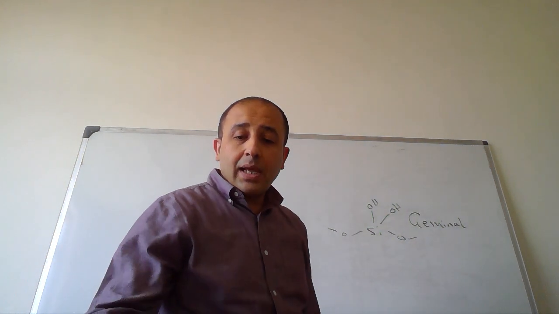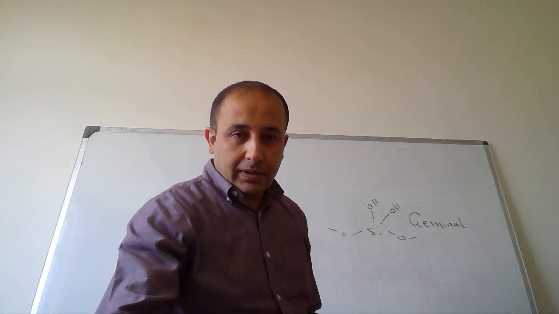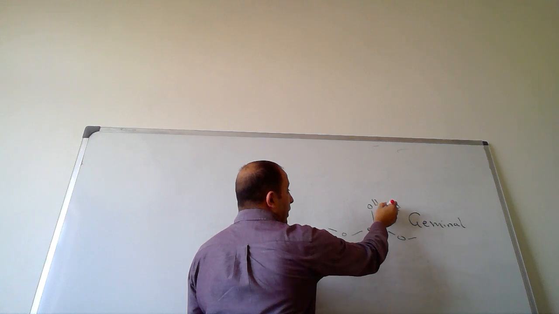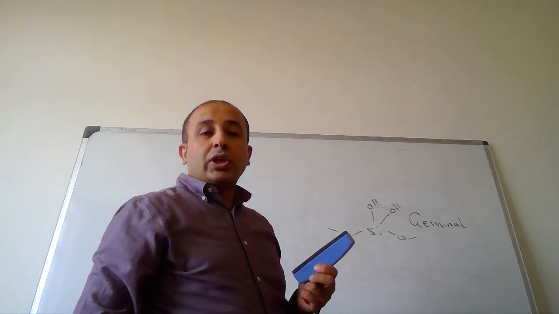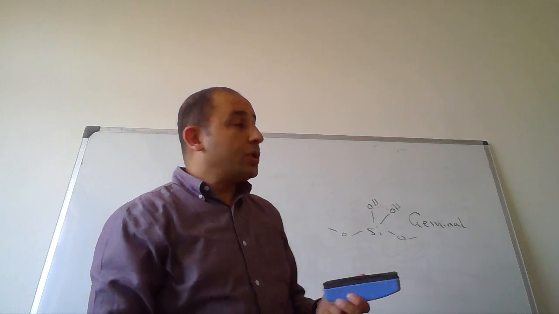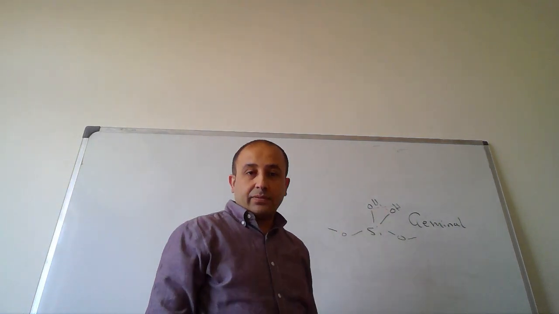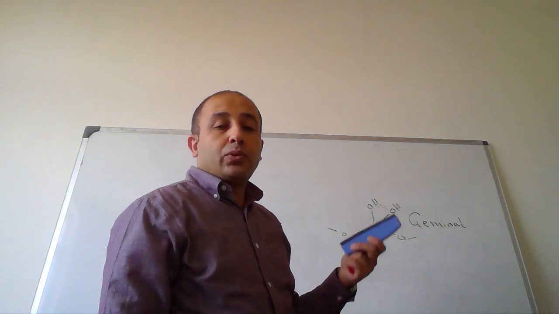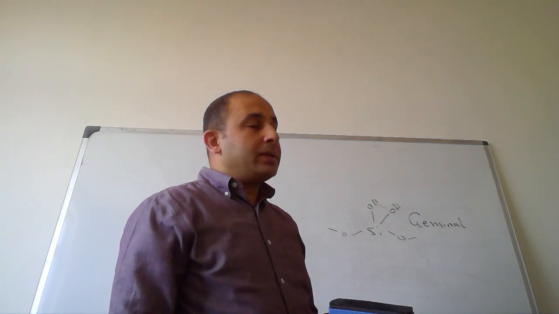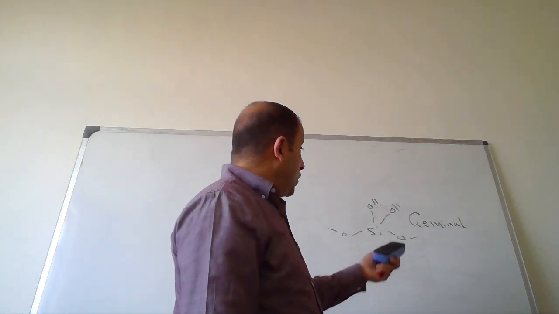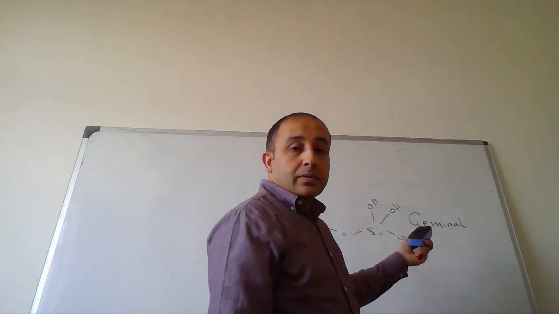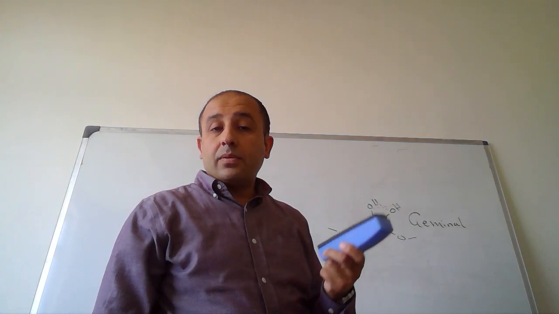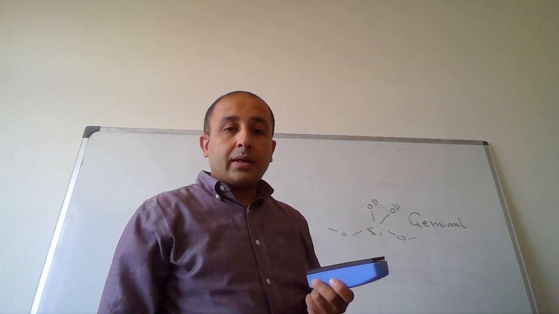Now, geminal silanols are not quite reactive, and the reason behind that is that the oxygen and hydrogen interact via hydrogen bonding. So the molecule is busy with itself. It is, in other words, not reactive enough to be a source of trouble during the analysis. So geminal silanols are not reactive enough, so we can deal with them without any trouble.